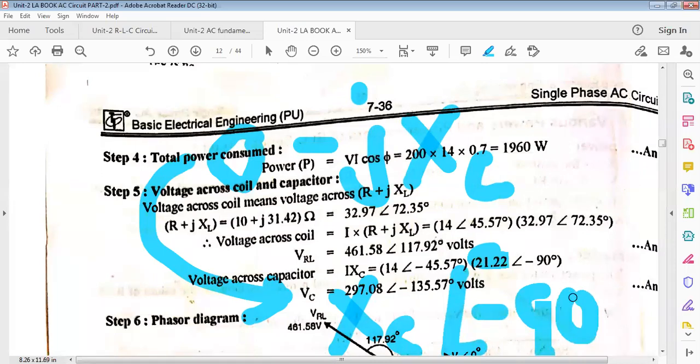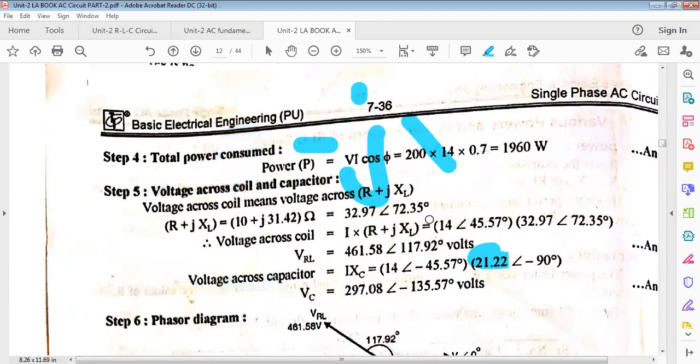Whenever real part is 0 and imaginary part has a minus sign, whatever is the imaginary part, that is the magnitude, and the minus sign is there. Imaginary part is minus. That's why you get minus 90 degree angle if real part is 0. Okay. So XC at an angle of minus 90 degree is the polar form. See here, because we wanted to do multiplication, terms must be in polar.